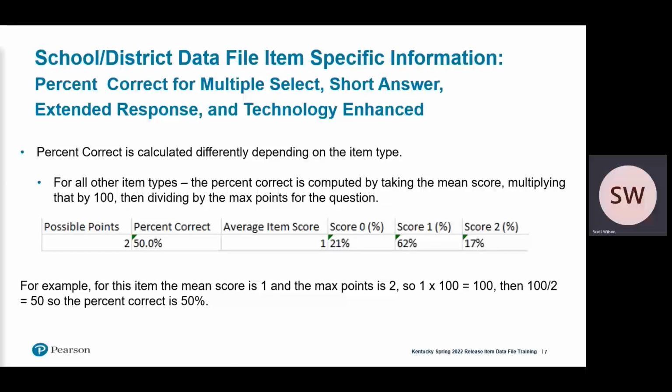In the example here, you'll see the percent correct is 50. For this item, the mean score is 1. The max points is 2. So 1 times 100 is 100. Then 100 divided by the max points of 2 is 50. So the percent correct is 50%.